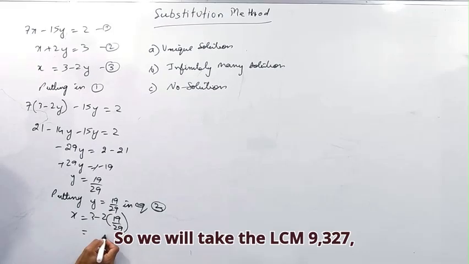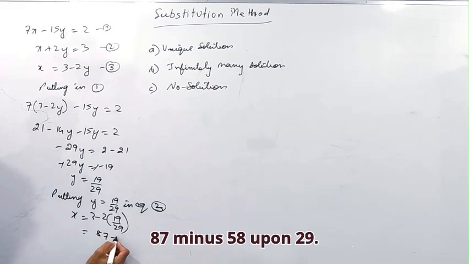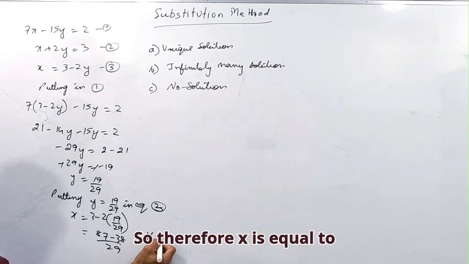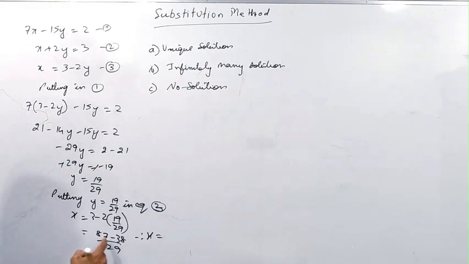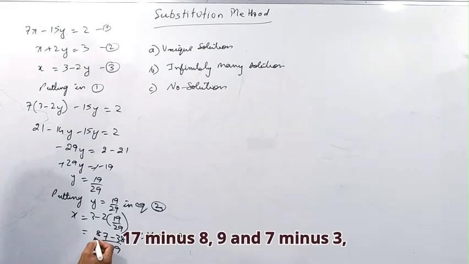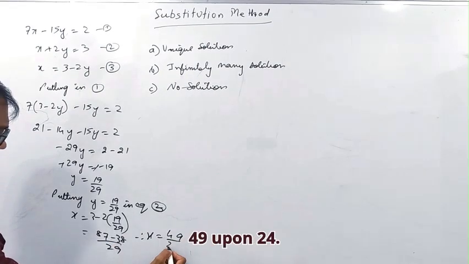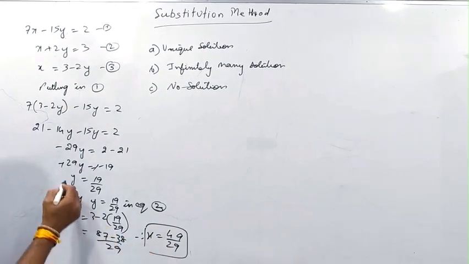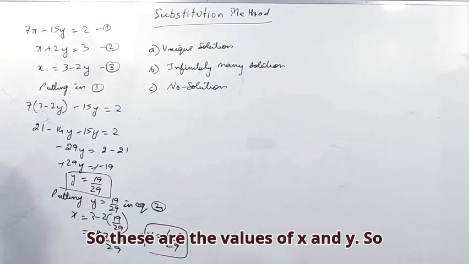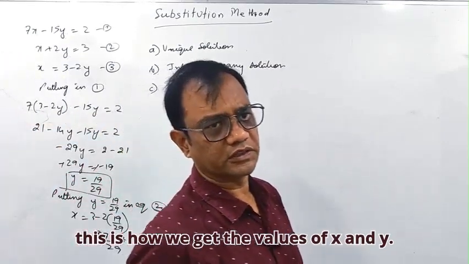So we'll take the LCM, and therefore x is equal to the value we get. So these are the values of x and y. So this is how we get the values of x and y.